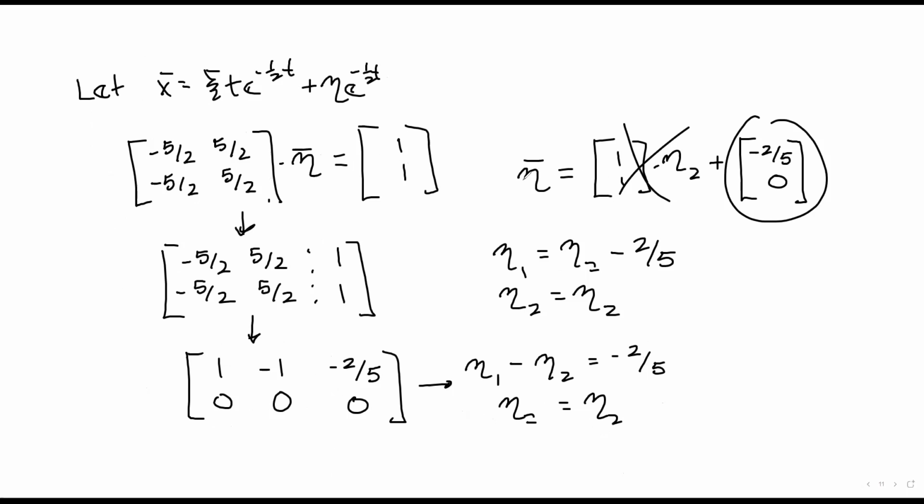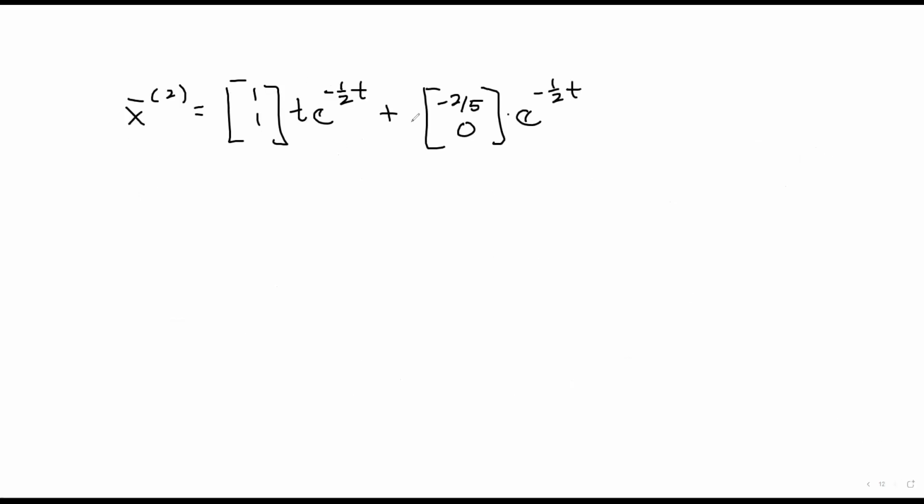Once we do that, you're going to get something that looks like this. This term ends up canceling away because that's the multiple of the first solution. So we only care about this part here. Take this, put it in place of the eta here, pop in the xi from our first equation, and we've got our second solution.